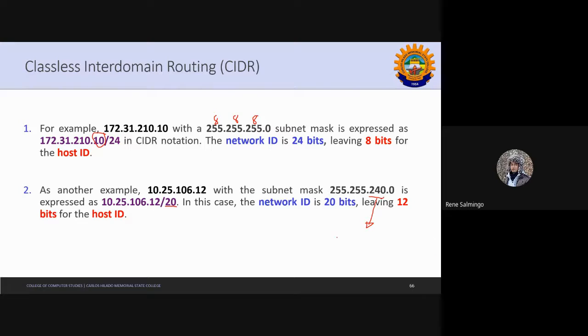How do we convert this? By using decimal to binary, you convert this from decimal to binary. What is the equivalent in binary for this example, for 240? Who can convert now?